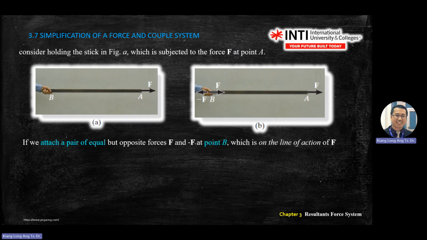Okay, so you can replace the force at the hand with a negative force and a force. Basically, minus F at B. Minus F and F actually cancel out. But mathematically, you add one pair of forces here. So what is the result if you add this couple over here?